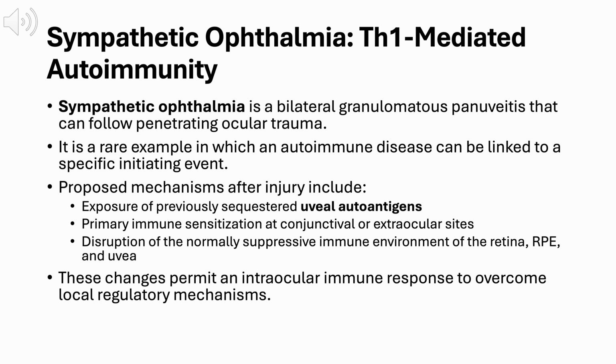And third, disruption of the normally suppressive immune environment of the retina, RPE, and uvea, the eye's immune privilege being breached. Together, these changes permit an intraocular immune response to overcome the local regulatory mechanisms that usually keep the eye quiet. Next, we'll look at the specific effector arm that does the damage.